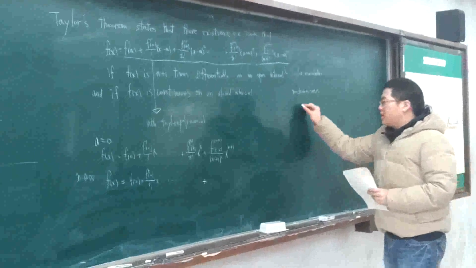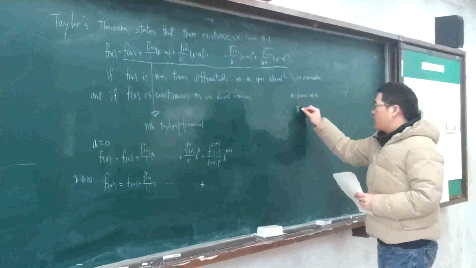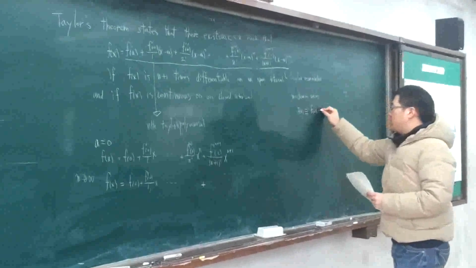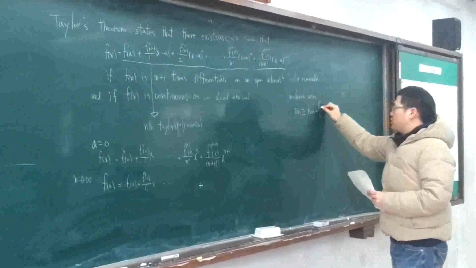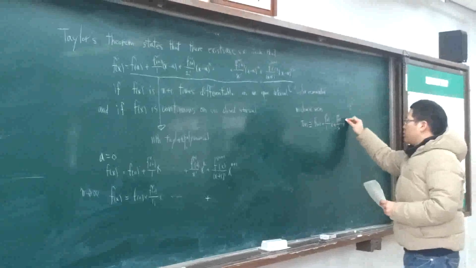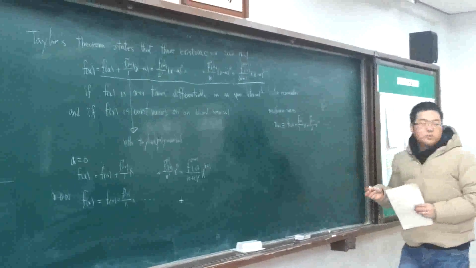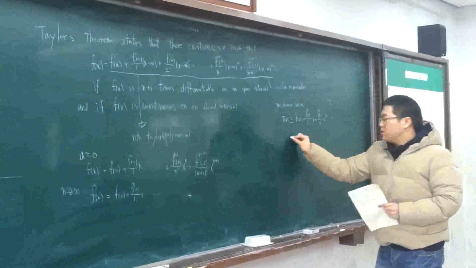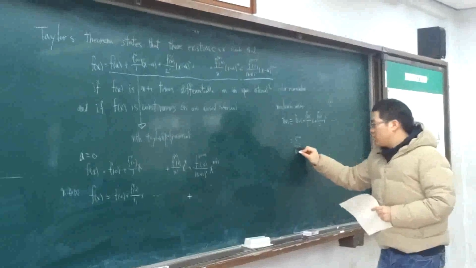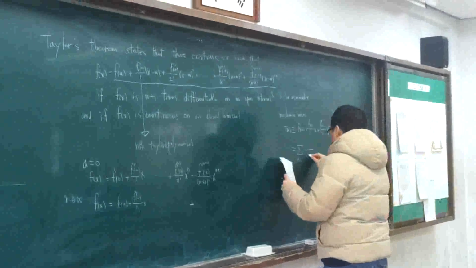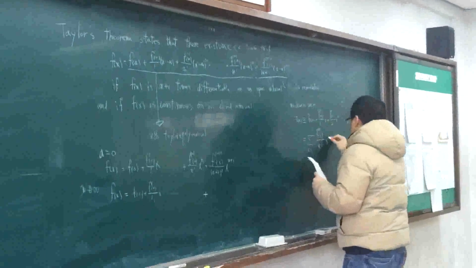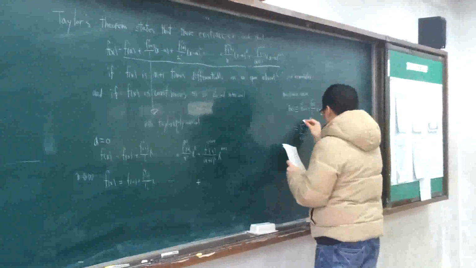The Maclaurin series is defined as, so let's say T(x) is defined as this, and the number of terms is infinite, so this can be summed as this.